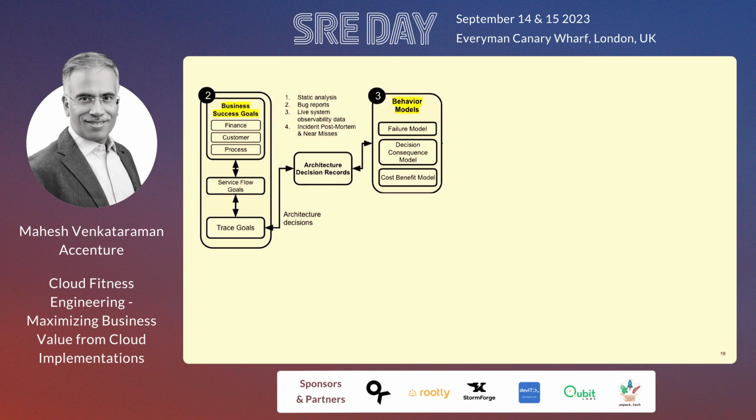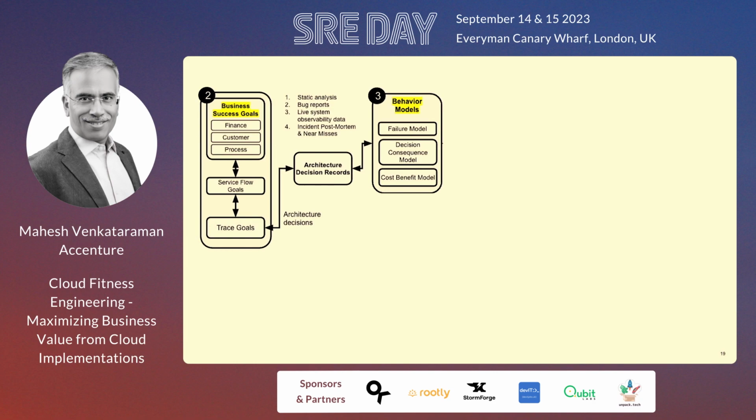Failure modeling: initial modeling is done through static analysis, which is component interaction analysis, and then you ask questions as a team. How will this architecture with these decisions tend to fail or degrade? Failure could be an outright outage, or degradation could be performance degradation, security issues, or cost degradation, right?